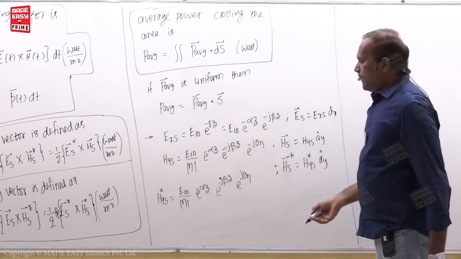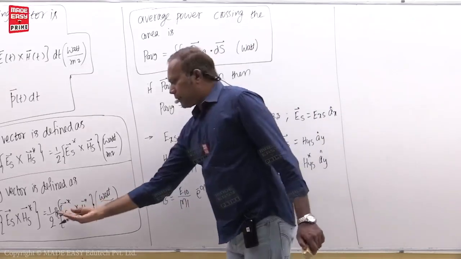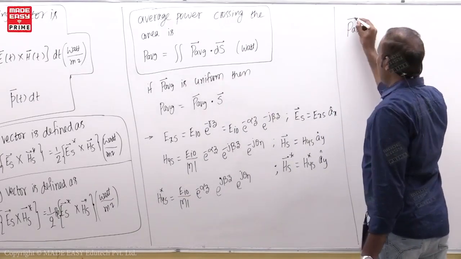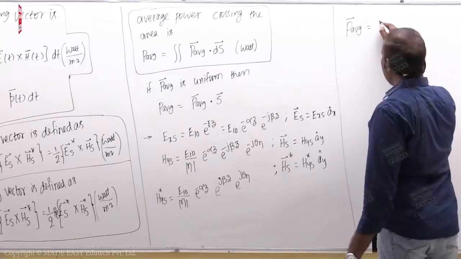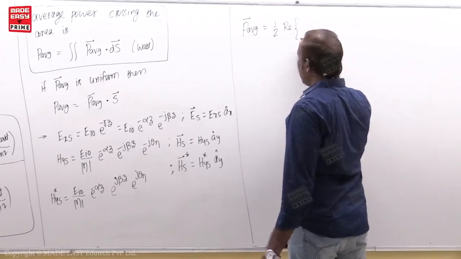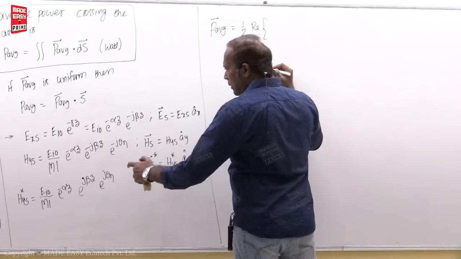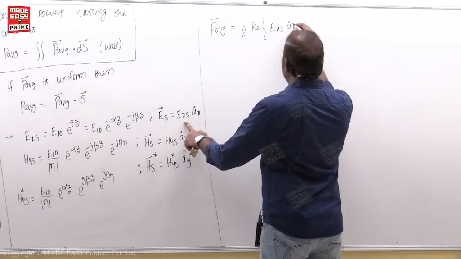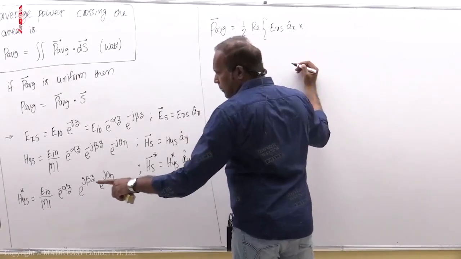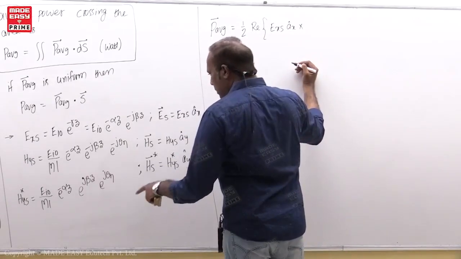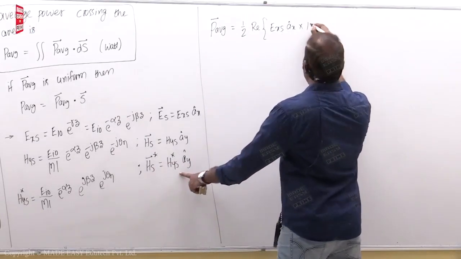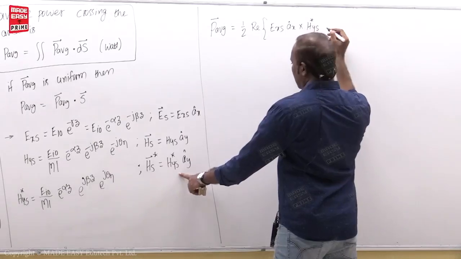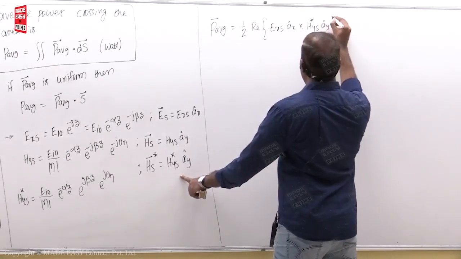Now what is the average Poynting vector? This is the formula. So the average Poynting vector is equal to half into the real part of E_S, that is nothing but this one, E_XS a_x cross H_S star, that is this one, H_YS star, that is the complex conjugate, a_y cap.